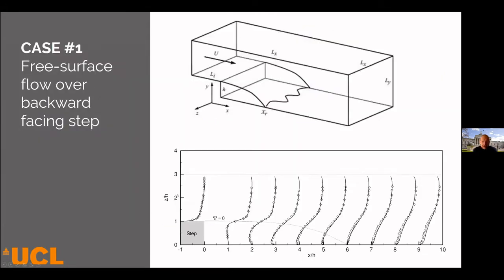So here I want to talk about a few cases that we've looked at recently. Case number one here would be the free surface flow over a backward facing step. Why have we chosen a backward facing step? Well, it's a well-known flow.